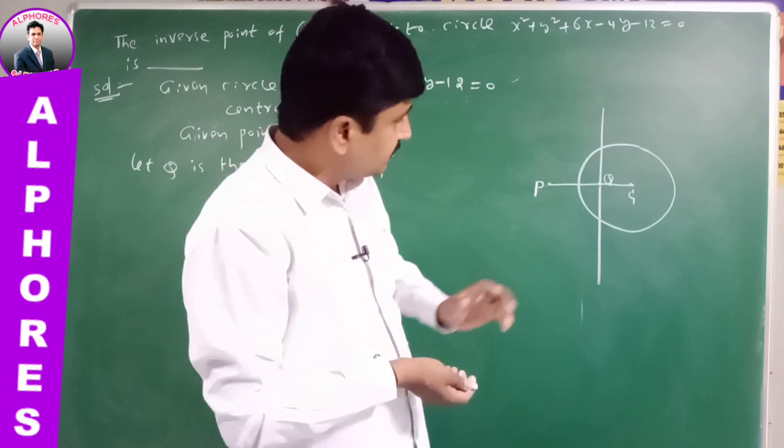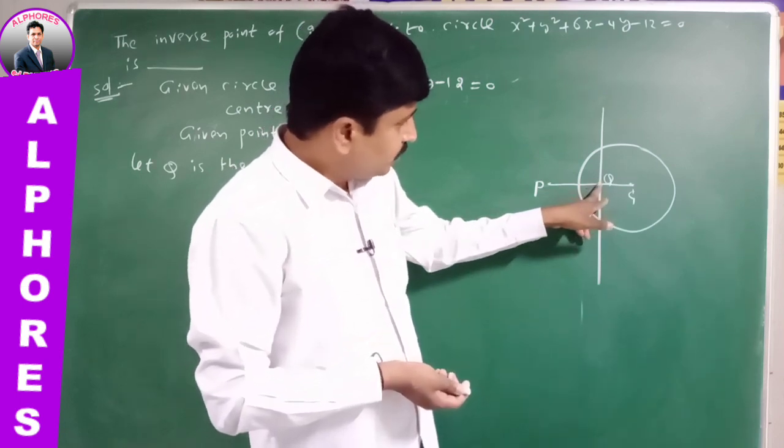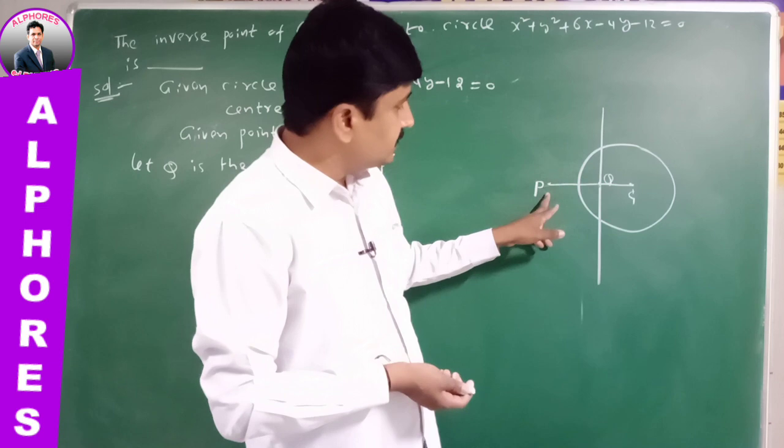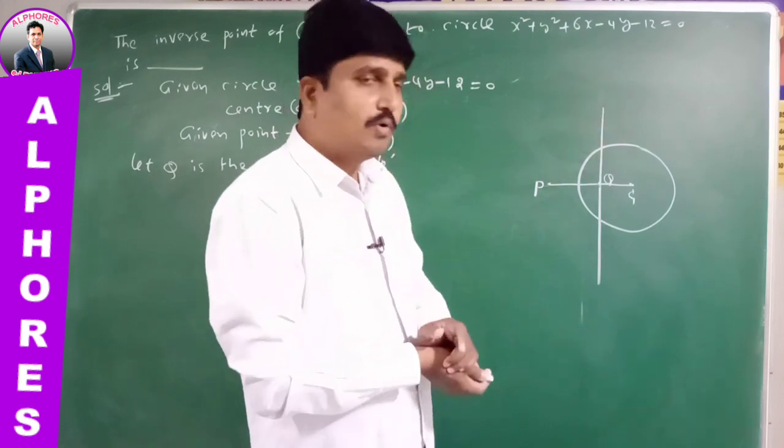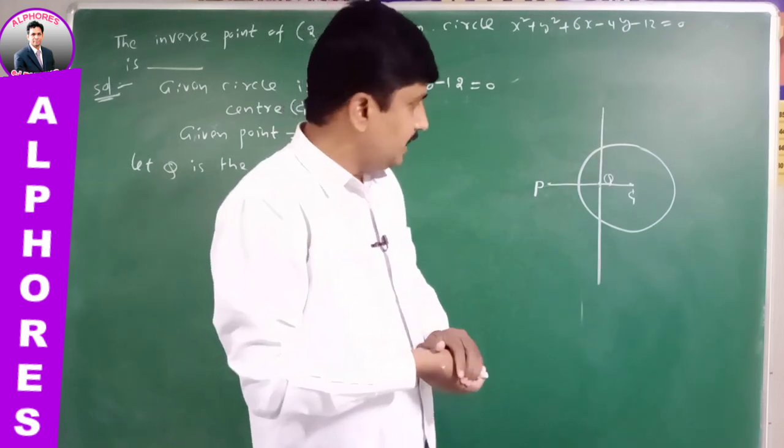Another process is that Q is the foot of the perpendicular drawn from the center on the polar of P. You can do any method.